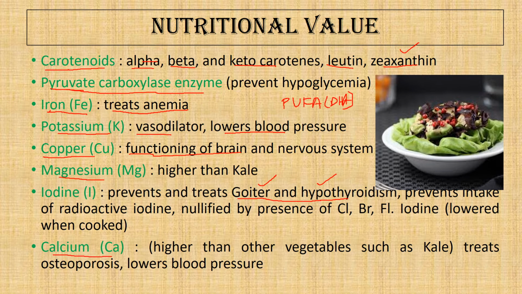Then it is a very good source of calcium. We know that calcium is present in high amount in milk, but if you are lactose intolerant or if you don't want to have milk because you are vegan, then dulse is a very good source of calcium. And calcium, we all know, is very essential for healthy bones, especially as we grow old.